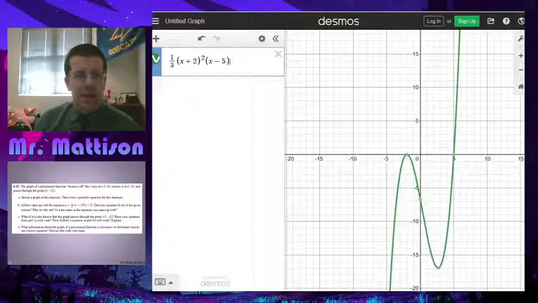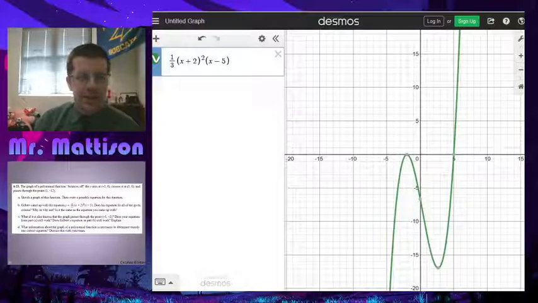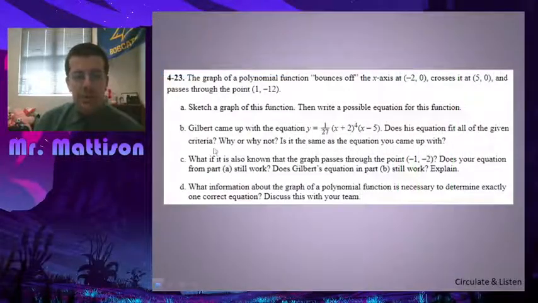So then we have this other guy, his name is Gilbert, right? So Gilbert says, hey, I got this equation, which is similar to ours, but what they did was they have a 4th power here. So what I want to do is change ours to match that.